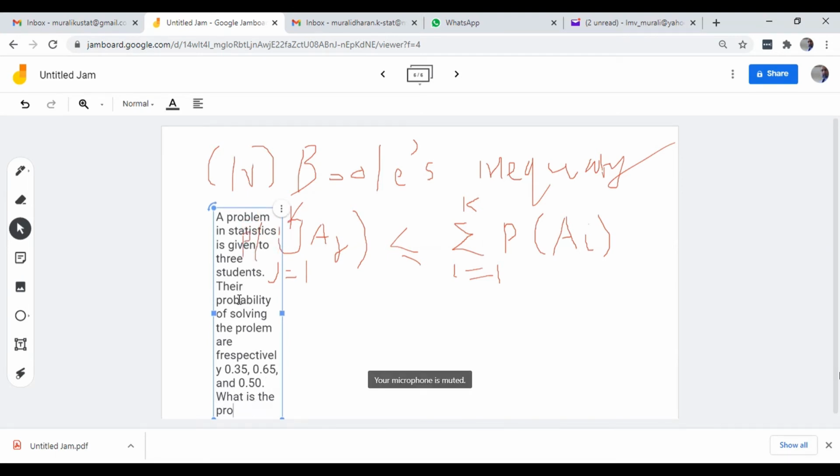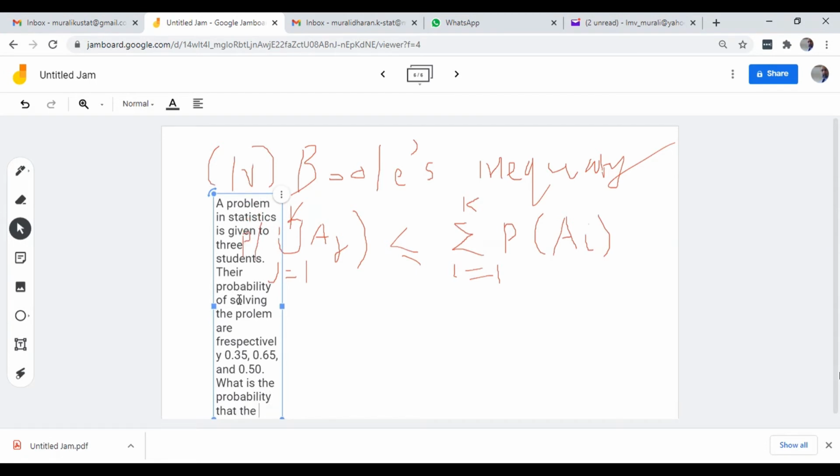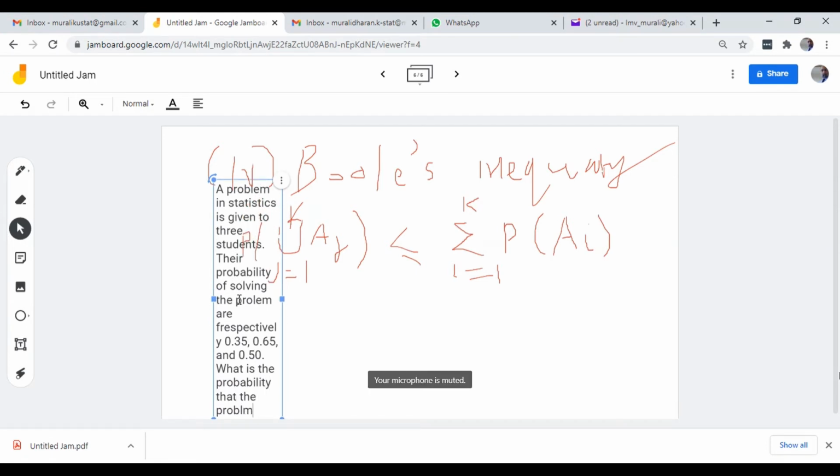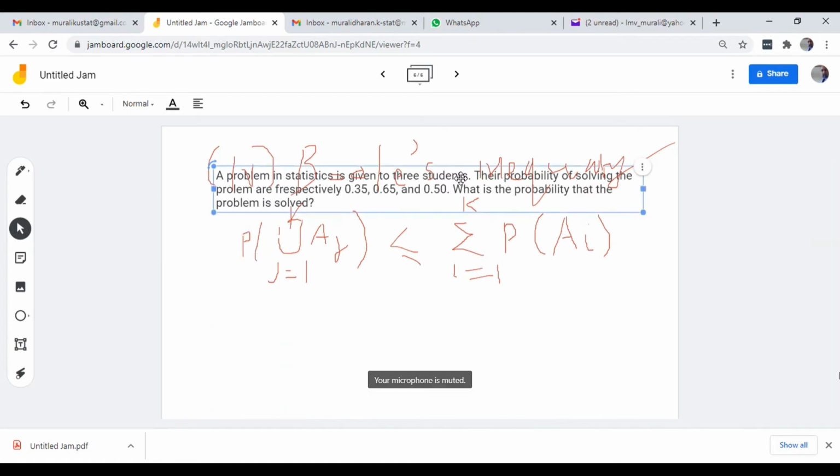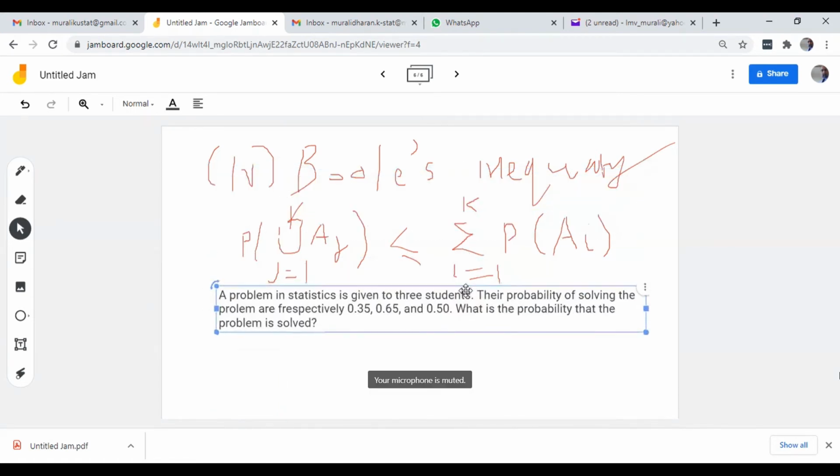What is the probability that the problem is solved?